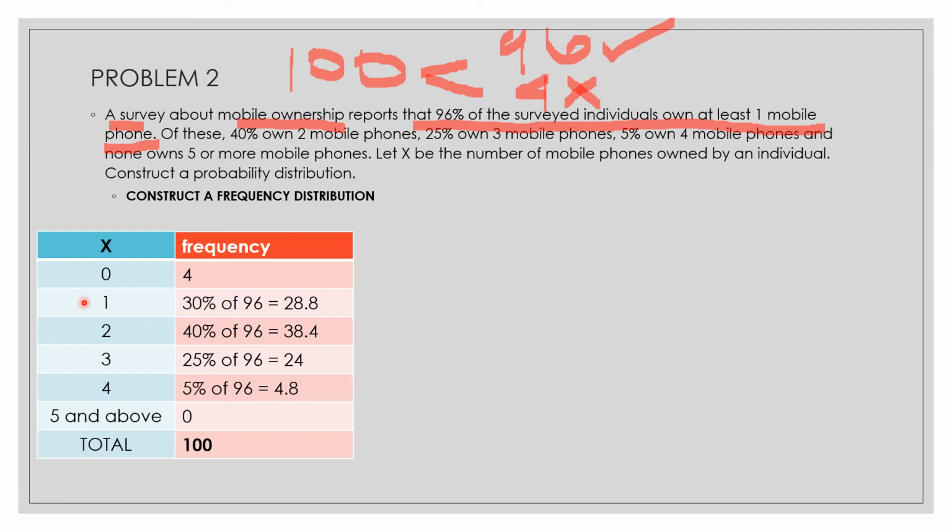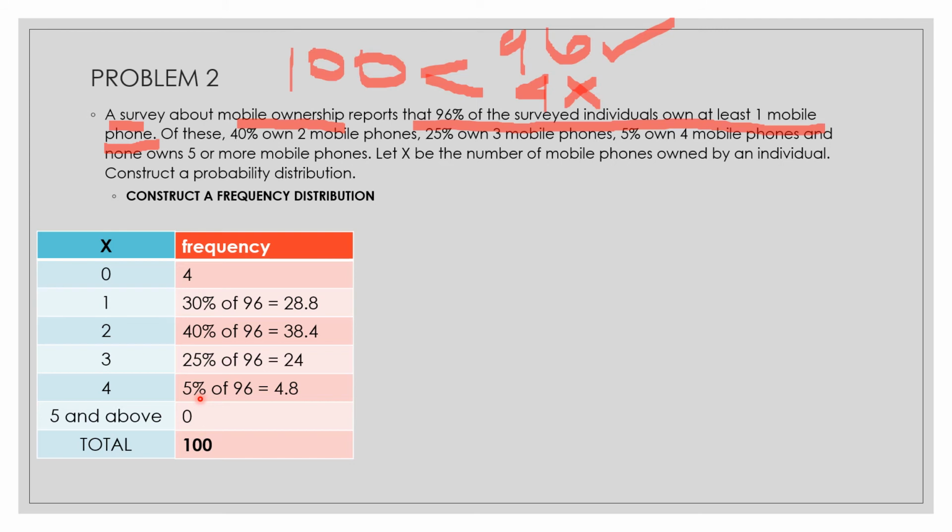Ngayon, paano natin makukuha si 1? Dito sa ating table may 30%, no? Pero saan galing yung 30%? Siyempre, i-add natin. Dapat, lahat-lahat ng ito, 100%, yung from at least 1, no? So, 40 plus 25, that is equal to 65, plus 5 is equal to 70.